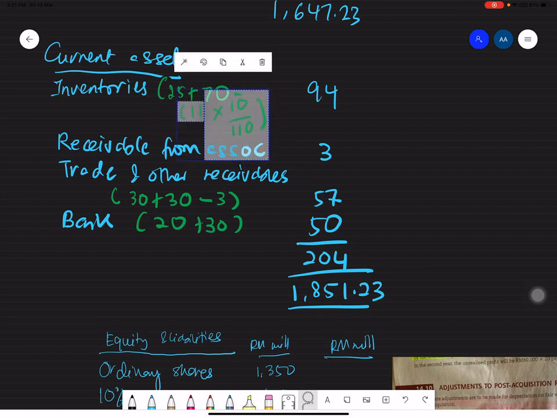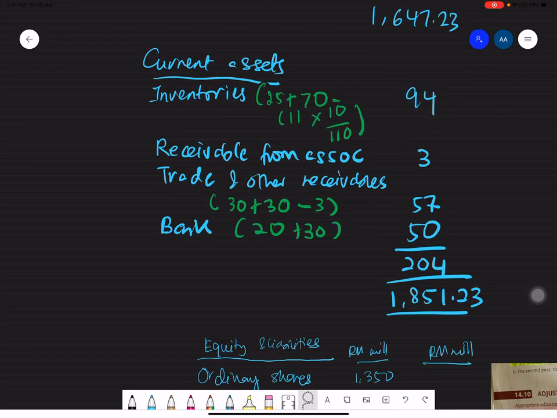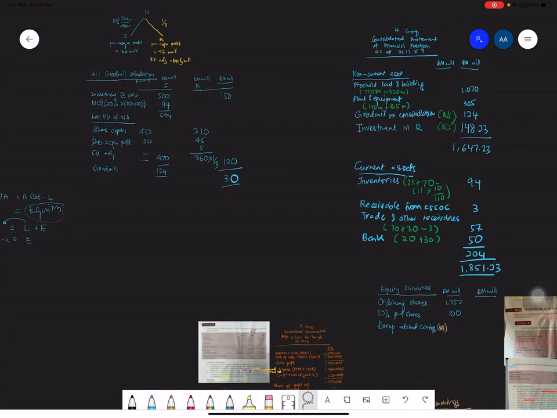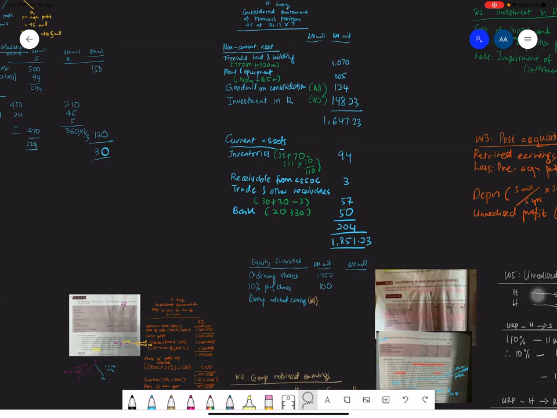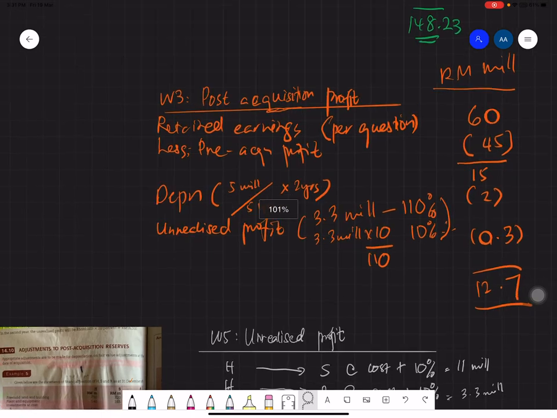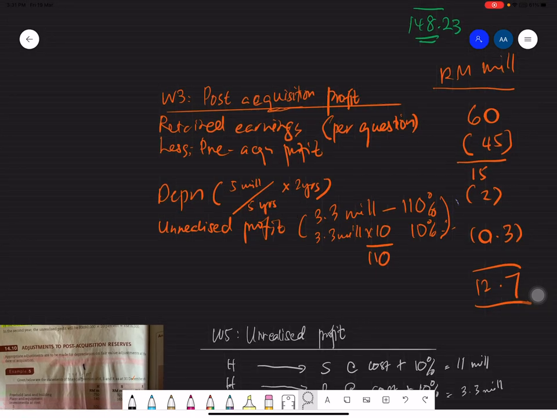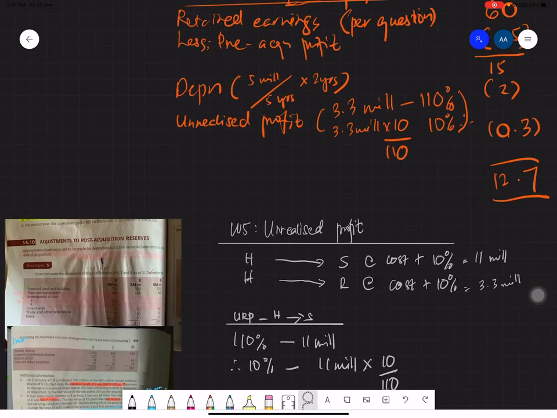Whereas for the unrealized profit on transactions between H and the subsidiary, we'll calculate it when we calculate the investment in R under post-acquisition profit here. However, I'll calculate it again.